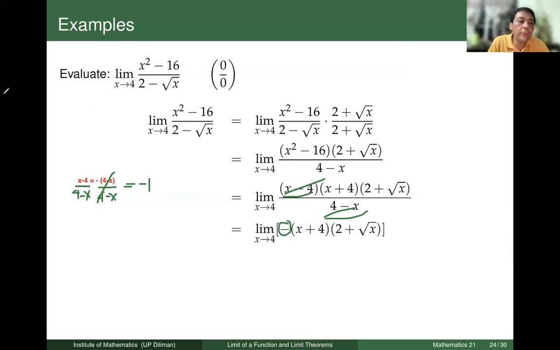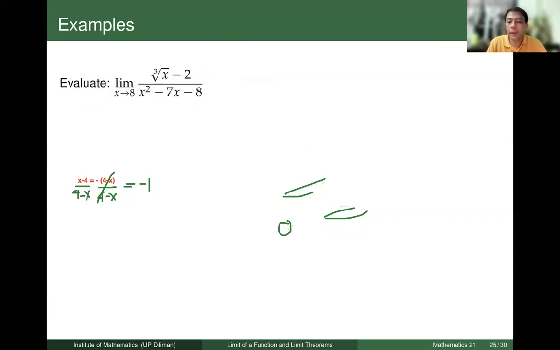And then the rest you just replace by the value of 4. So you replace x by 4. Okay, and you get 4 plus 4 is 8. Square root of 4 is 2. 2 plus 2 is 4. 8 times 4 is 32. And then you have a negative, so it's negative 32. So that's the limit. Okay.